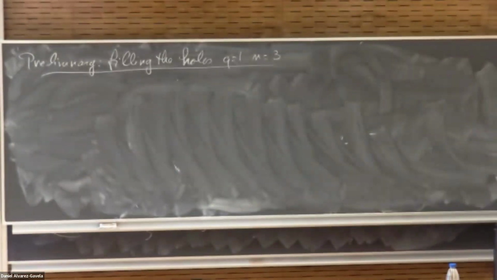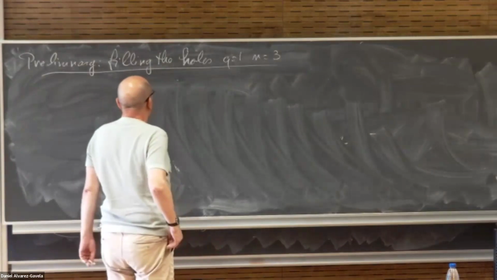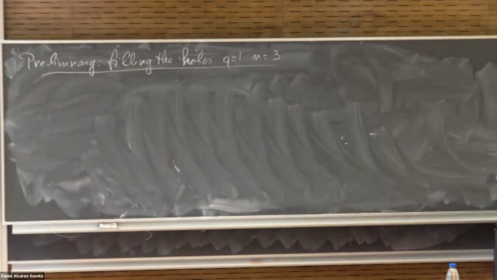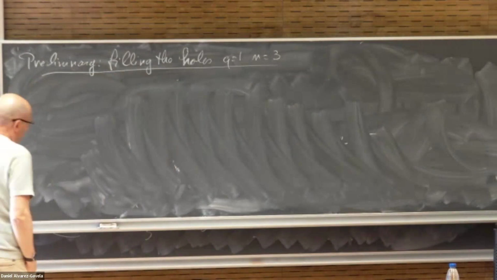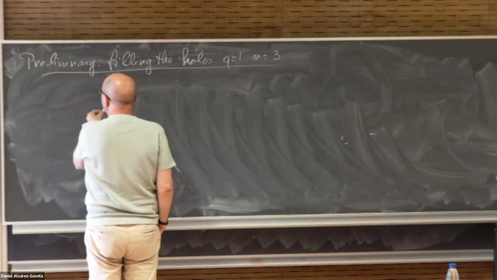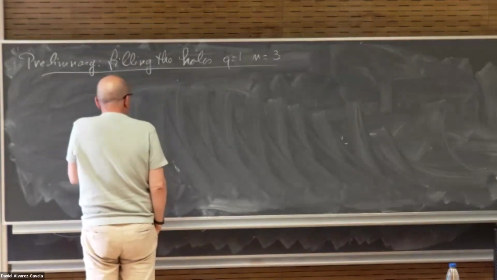This was the first construction of this kind, which later had analogous constructions for contact structures and things like that. So in the beginning, one would consider holes for foliations.